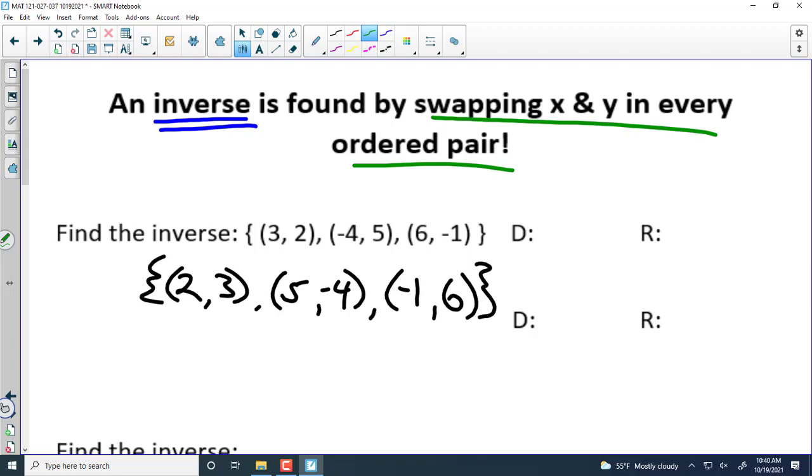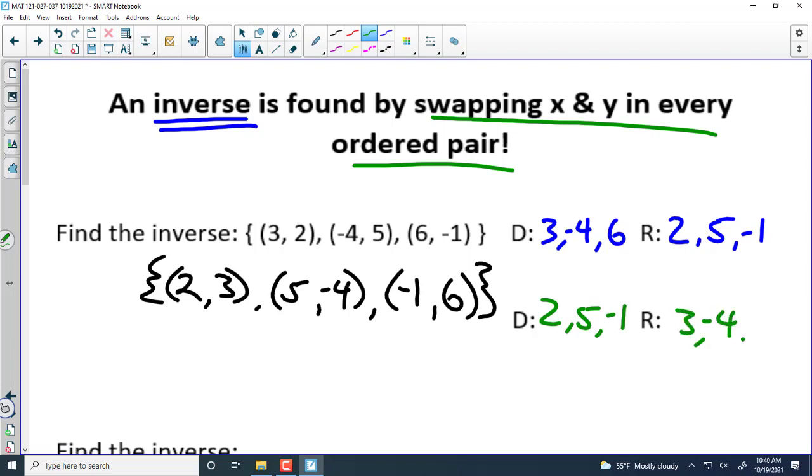Now I realize I've underlined most of that sentence, so it kind of loses its meaning. When you swap the ordered pairs, the other thing you're doing is you're swapping the entire domain and range. So the original relation up here has a domain of 3, negative 4, 6, and a range of 2, 5, negative 1. But when we write the inverse, it has a domain of 2, 5, negative 1, and a range of 3, negative 4, 6.